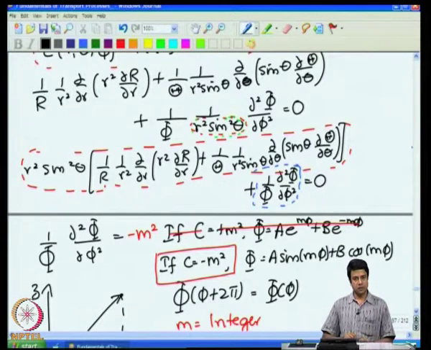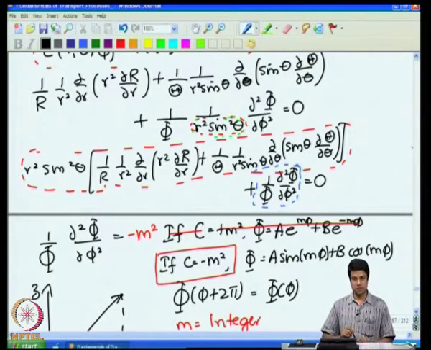In the phi coordinate, we keep increasing phi from some initial value, and when we increase it by a value of 2 pi, we come back to the exact same physical point in space. Therefore, the value of this function at angle phi has to be exactly equal to the value at angle phi plus 2 pi.